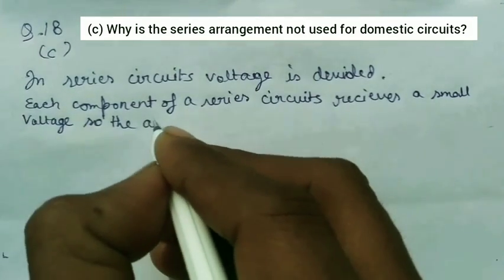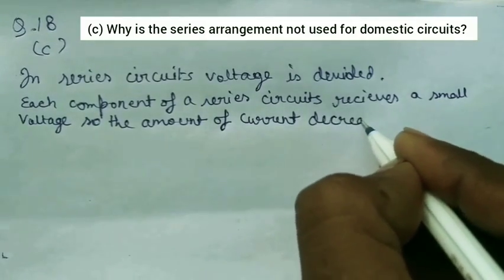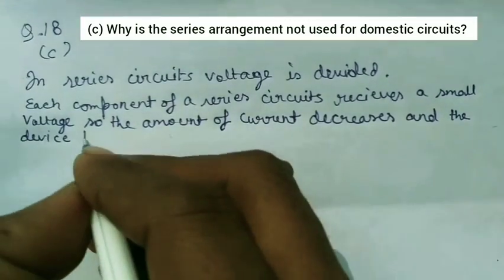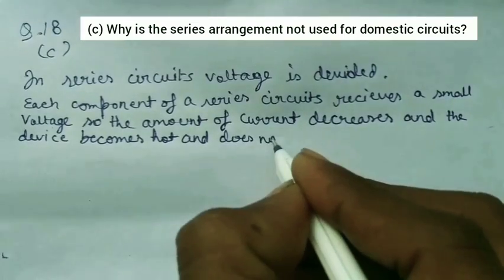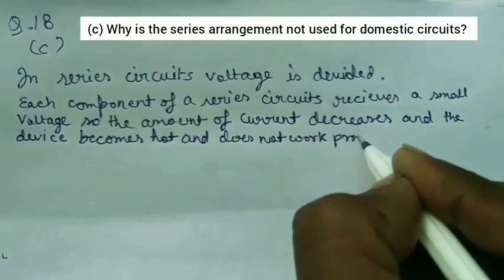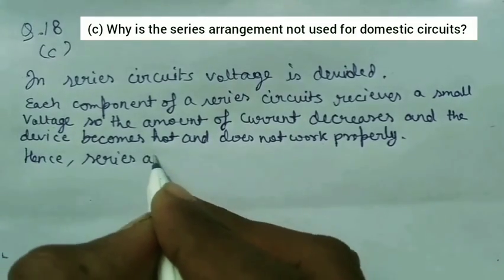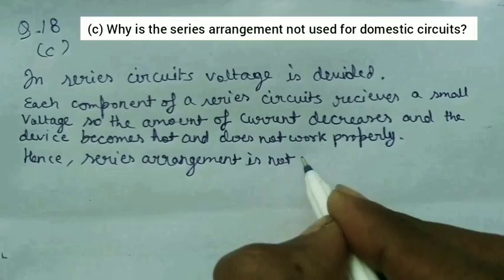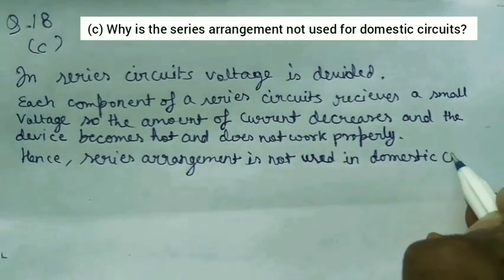So the amount of current decreases and the device becomes hot and does not work properly. Hence, series arrangement is not used in domestic circuits.